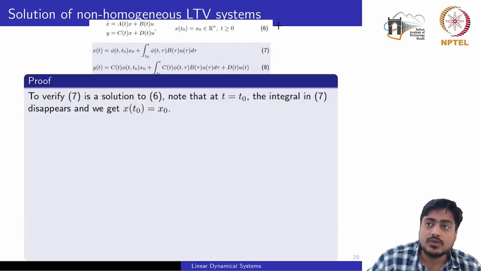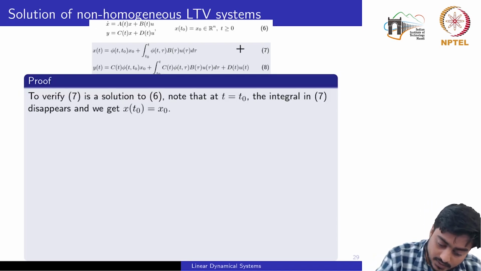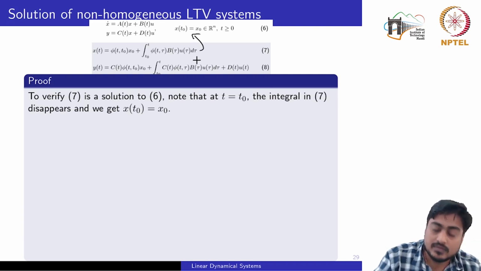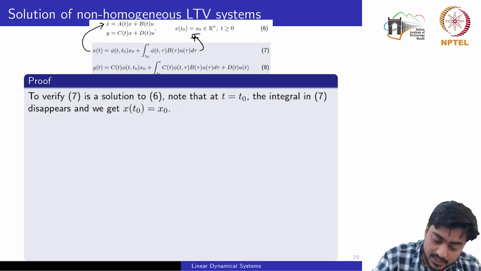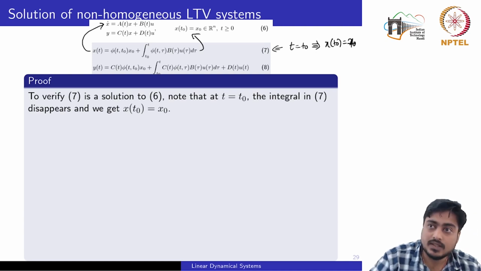There are two parts of the proof. First, this x of t should satisfy the initial condition. The second part is this one: because this is the x of t, in this equation 7, if I compute at t is equal to t naught, the solution should be x of t naught is equal to x naught, right?